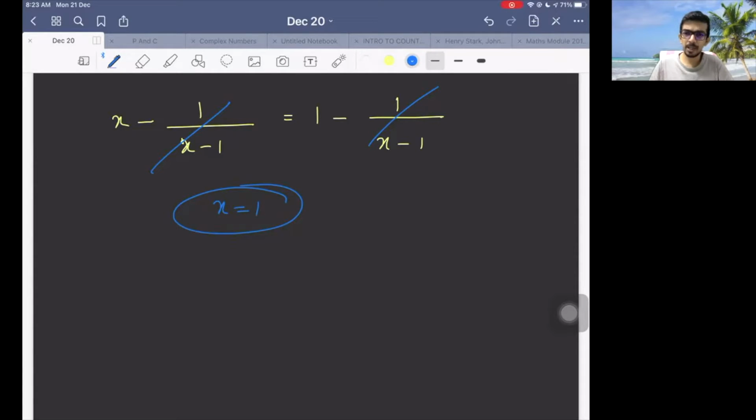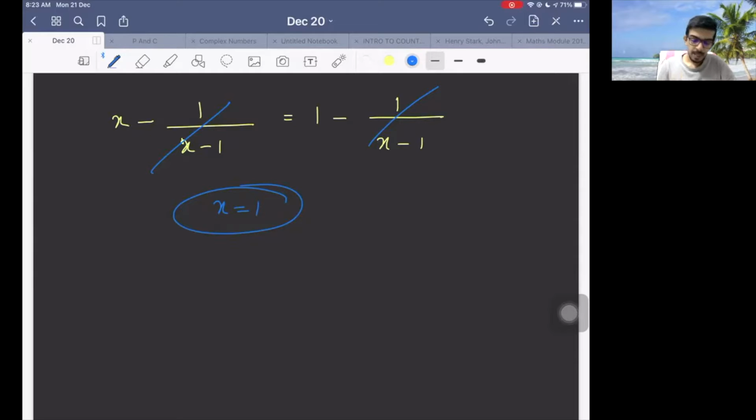I'm sure you would have come across this equation before. What do you think is the issue with x is equal to 1? Why can't I say that x is equal to 1 is the solution to this equation?